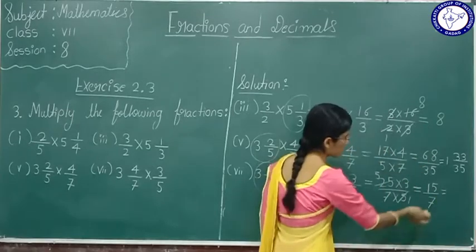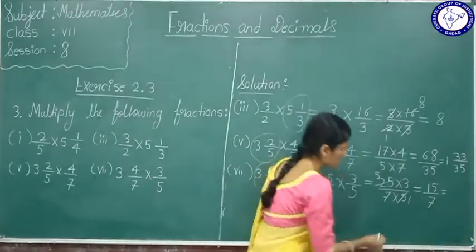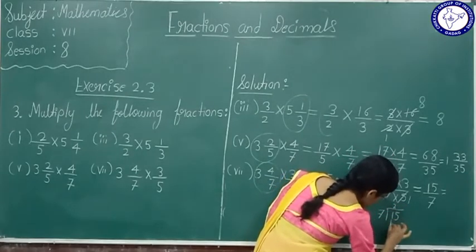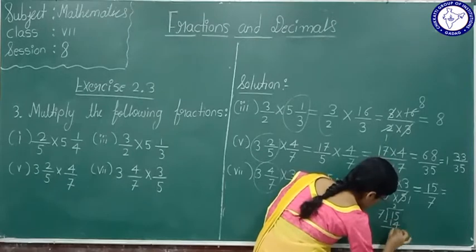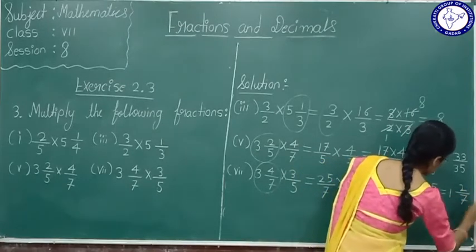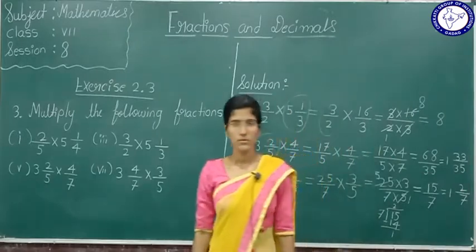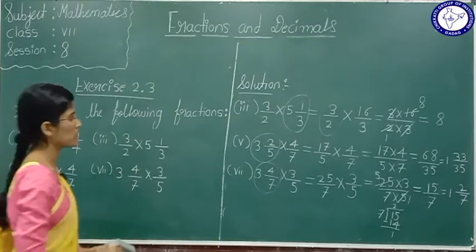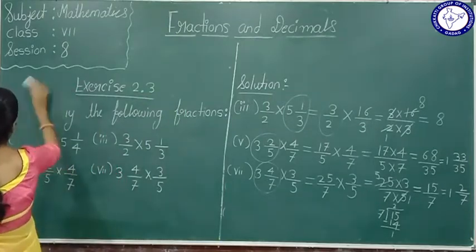Okay. Now keep this answer in a mixed fraction. 7 twos are 14. 15 minus 14 is 1. The answer will be 1 integer 2 by 7. Okay. This is about the third one. Now we will see the fourth one.